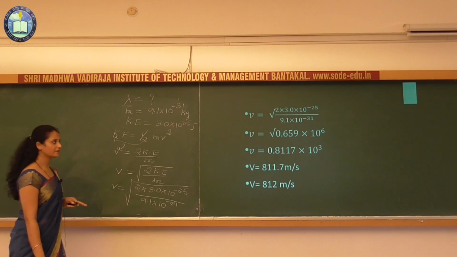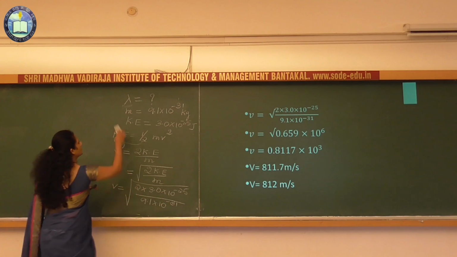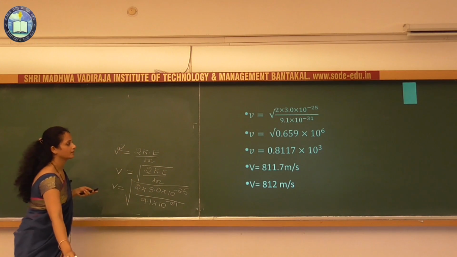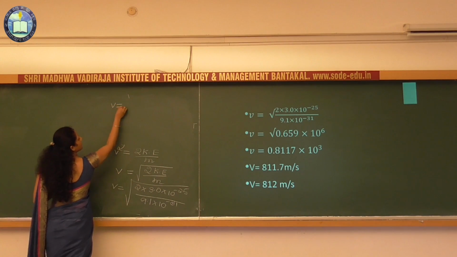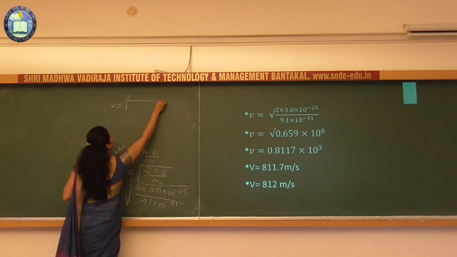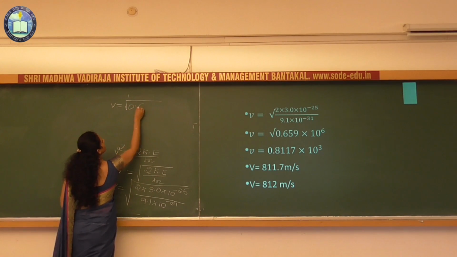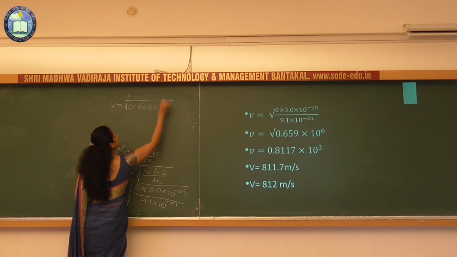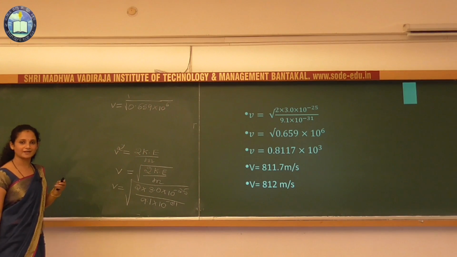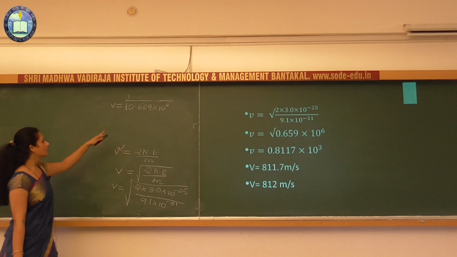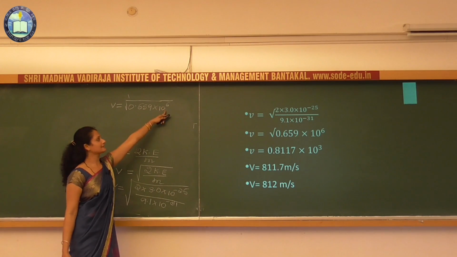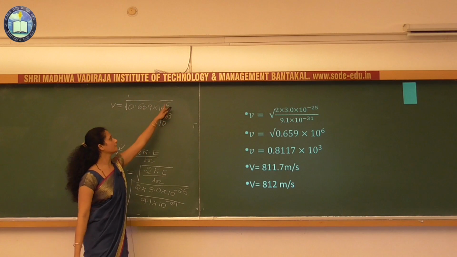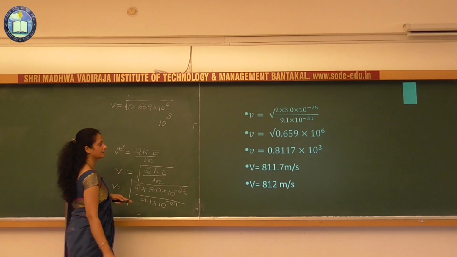On simplifying, we get V is equal to square root of 0.0659 into 10 to the power 6. Use your calculator for the simplification. Then square root of 10 to the power 6 is very simple, 10 to the power 3.